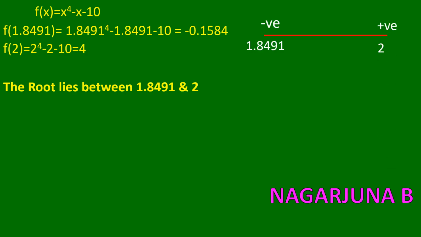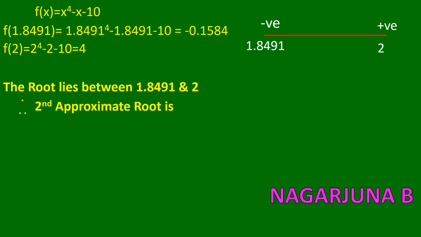Therefore the second approximate root, by the secant method, is x is equal to a into f of b minus b into f of a divided by f of b minus f of a. Here a is 1.8491 and b is 2.